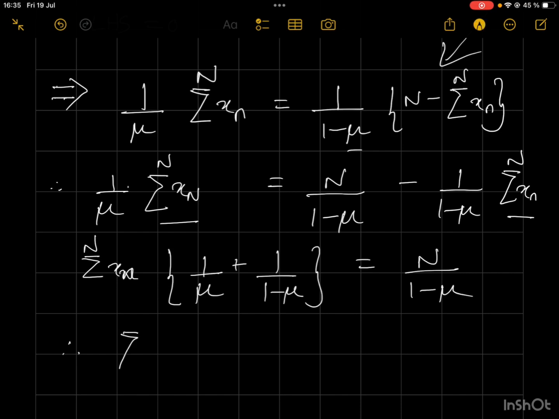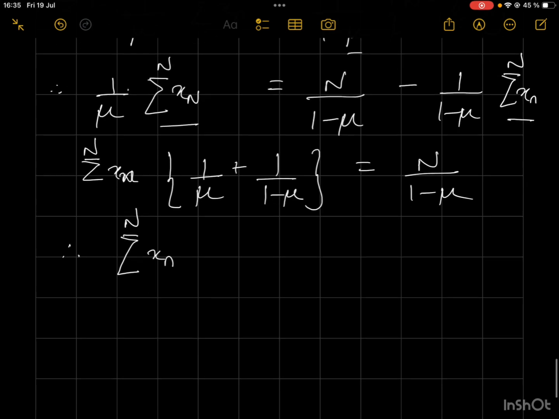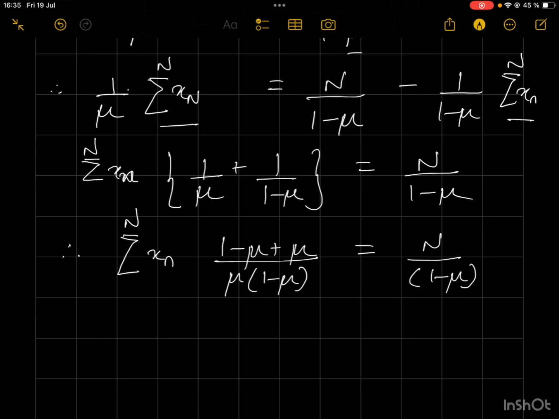Therefore, the summation of x of n across all n, if we cross multiply this, 1 minus mu plus mu upon mu into 1 minus mu is equal to n upon 1 minus mu. This and this get cancelled, this and this get cancelled. Therefore, the summation of x of n for all n, if we take the mean, is going to be mu.